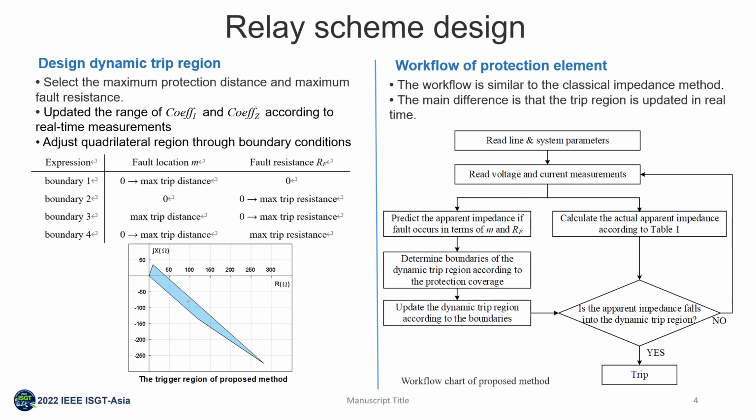A quadrilateral region is generated and adjusted through boundary conditions, which are shown in this table. In fact, boundaries 1 to 3 are straight lines, and boundary 4 can be approximated as a straight line. The workflow of the distance protection element is shown on the right side, which is similar to the classic impedance method. The main difference is the left branch, about updating the dynamic trip region based on boundary conditions in real time.